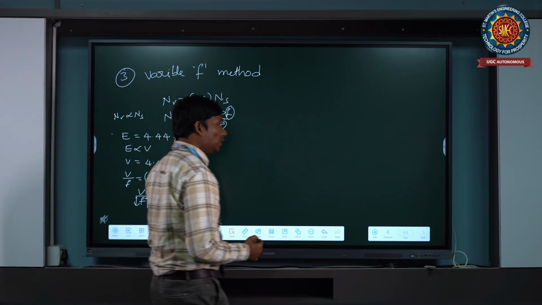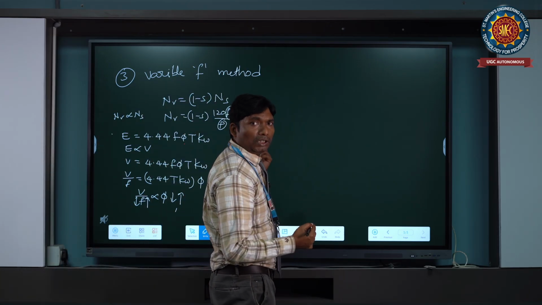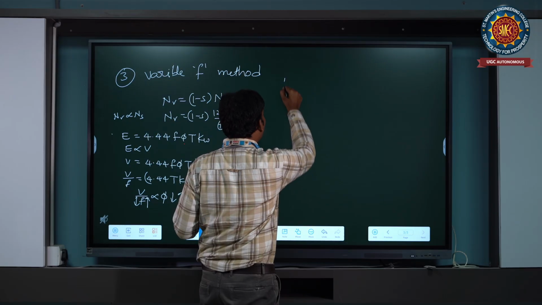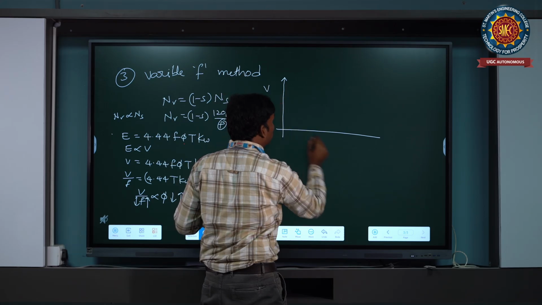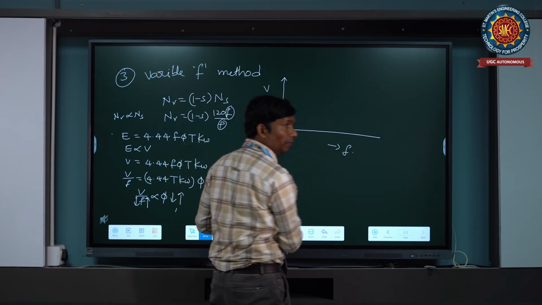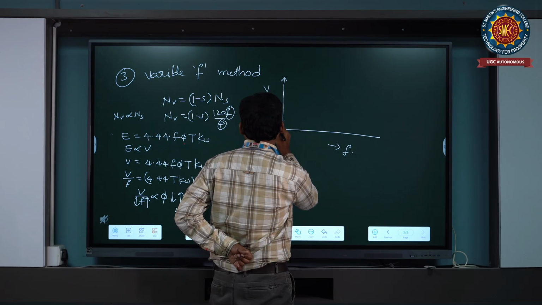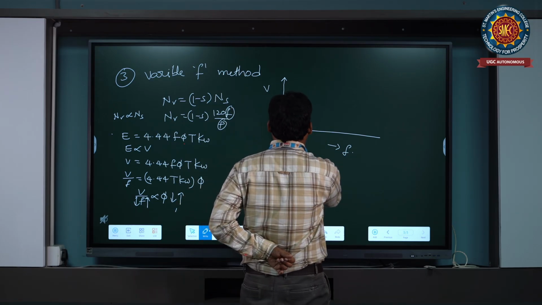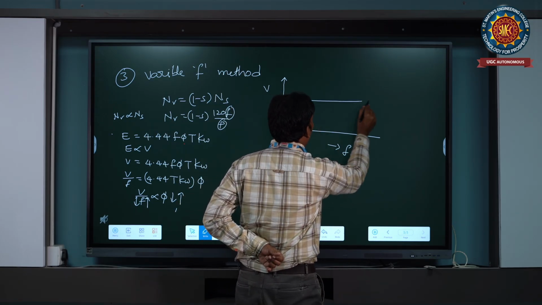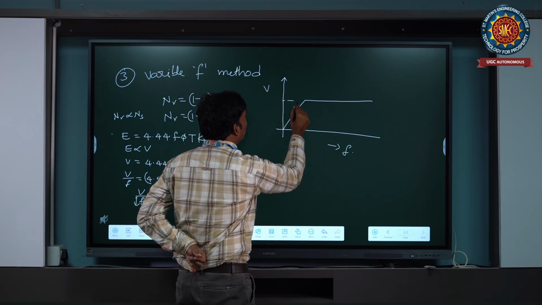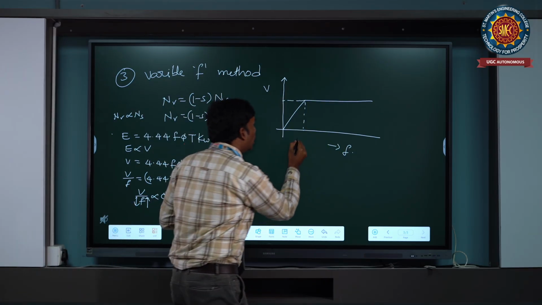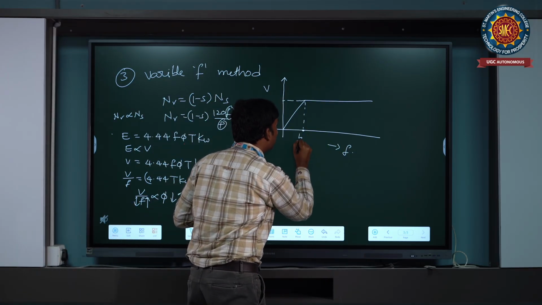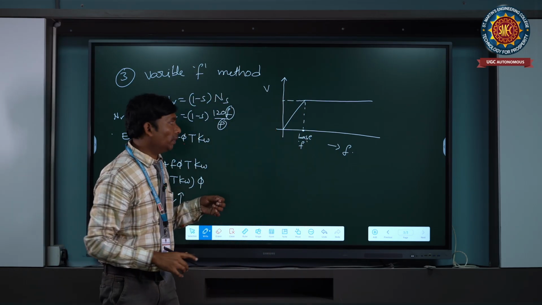If you draw the graph between voltage and frequency, you will get a curve like this. This is the voltage, and this one is frequency. This point is called the base frequency.